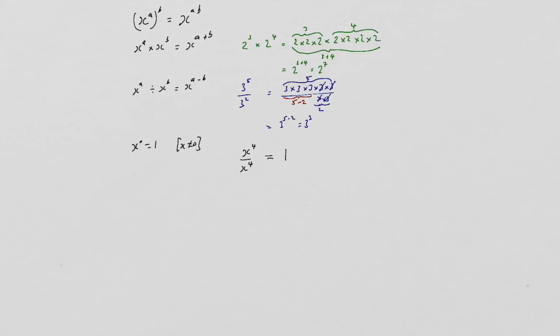But on the other hand, we can use the rule we've just agreed upon and call it x to the power of 4 take away 4. That is x to the power of 0, and therefore we have x to the power of 0 is 1.